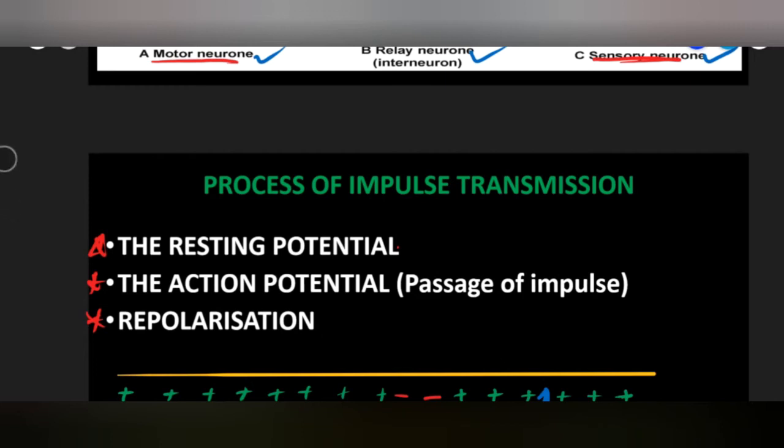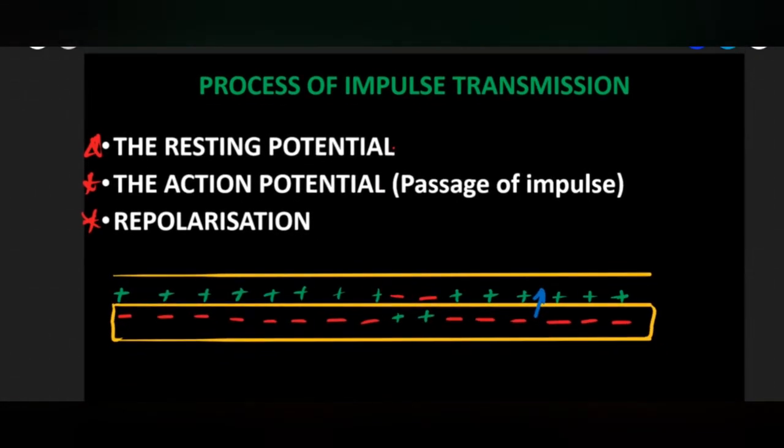Now, if we talk about the electrical transmission, the outside of the body of the neuron is always positively charged when there is no impulse. When the neuron is not transmitting any impulse, it has a positive charge outside and a negative charge inside.